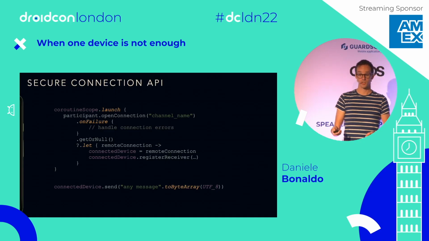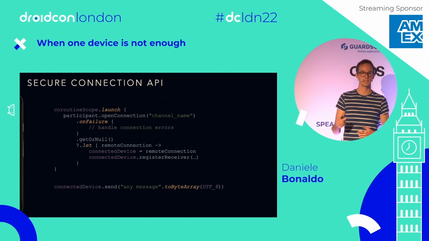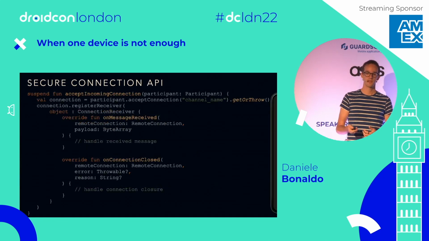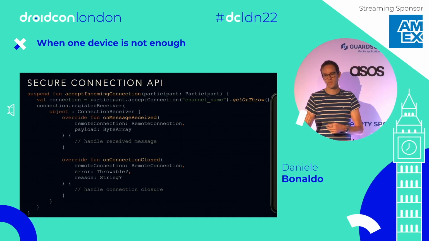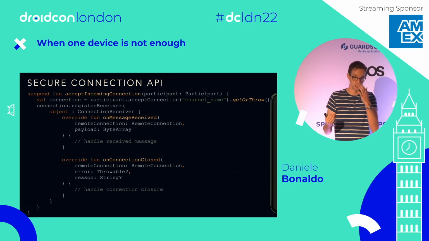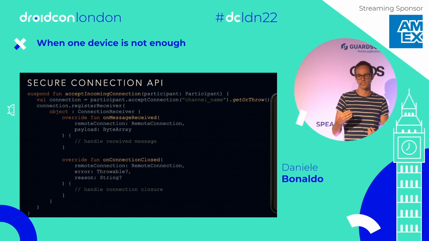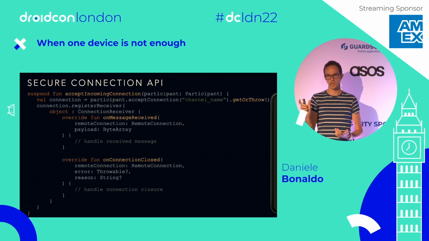And you are also going to register a receiver. We're not going to see it here because it's the same receiver that we are going to register in the other device. So once we have the participant from the intent of the originating device, you basically accept the connection using the same name, and you can register this receiver.